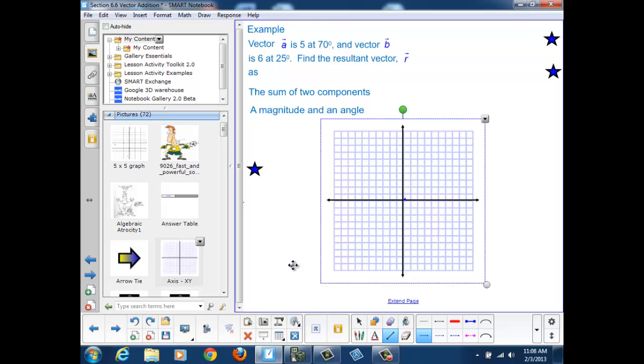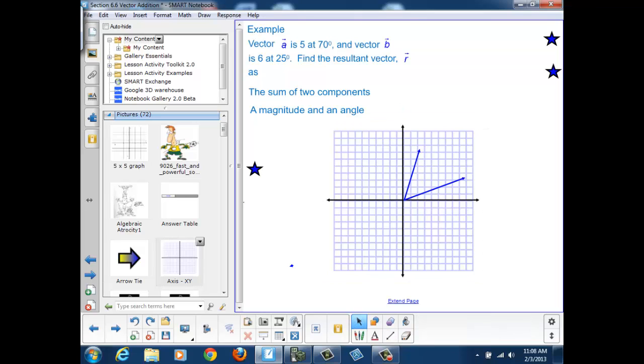Here's 5 at 70 degrees. We're not going to be too worried about the scale, but we're thinking about the direction. And vector B being 6 at 25 degrees. So here's vector B being 6 at 25. But we want to find the resultant vector R, which means that we need to add these two vectors, so we need to connect them head to tail.